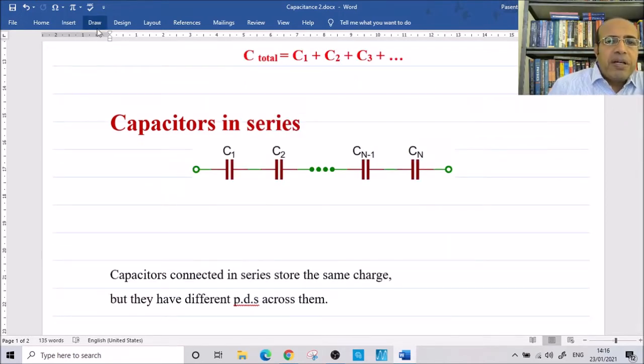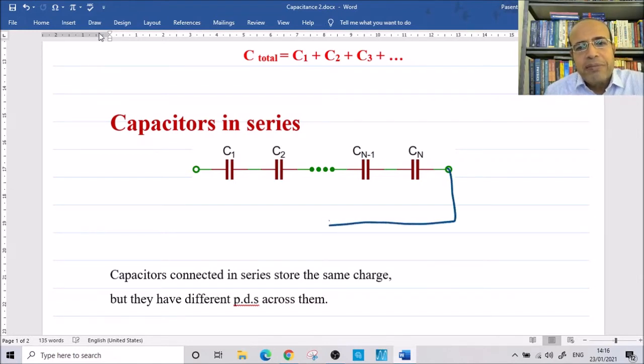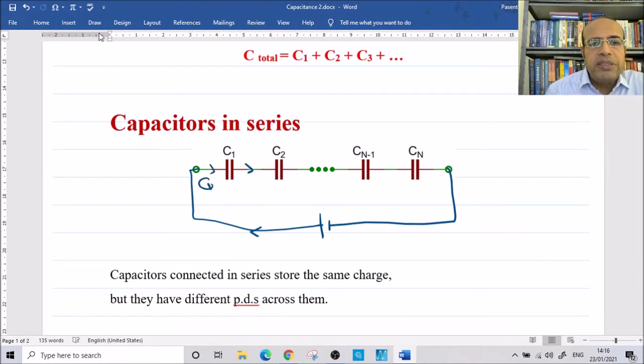If we have capacitors C1, C2 and so on connected with a battery in series, they have different voltage, but they have the same charge, because the same current means the same charge.